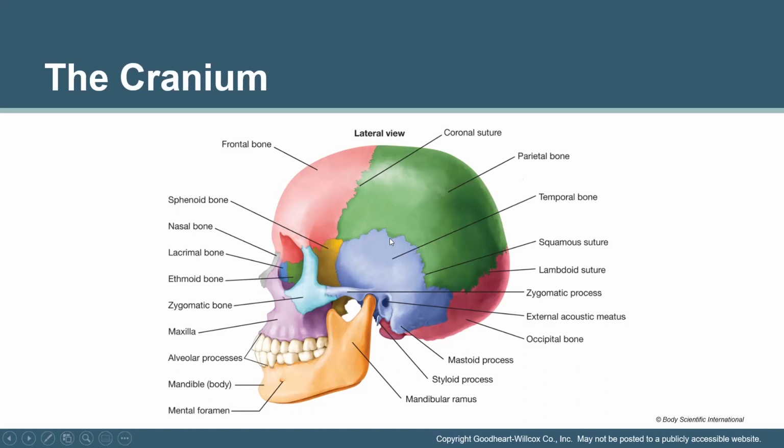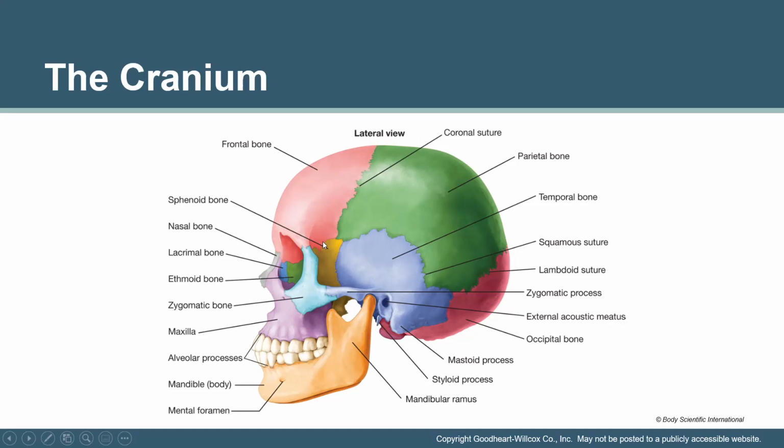You'll notice the names will correspond often to things you already know or the name of muscles. The occiput or the occipital bone is the base of the skull. We didn't mention the zygomatic bone, but it is your cheekbone, okay, that surrounds your eye, or at least part of your cheekbone.